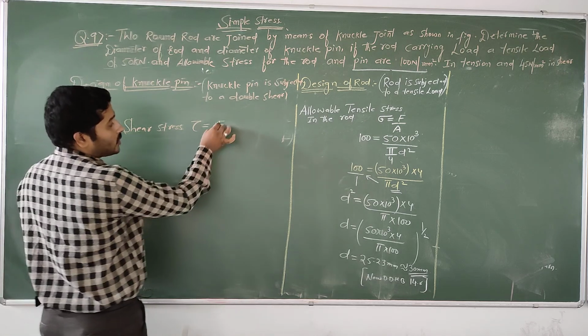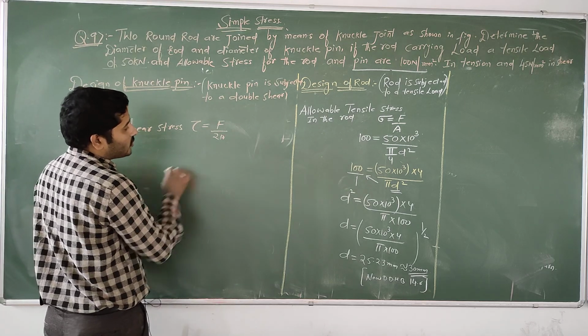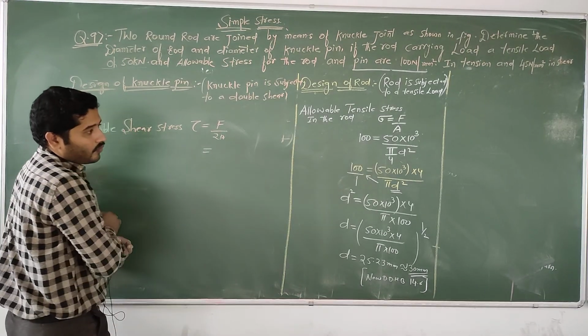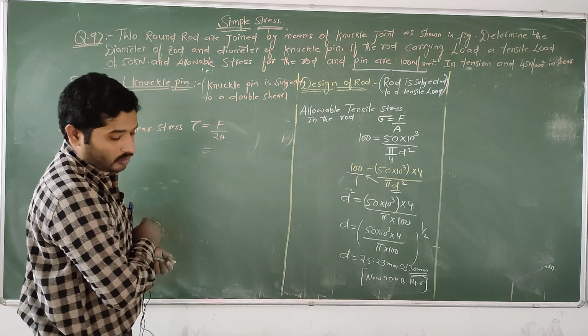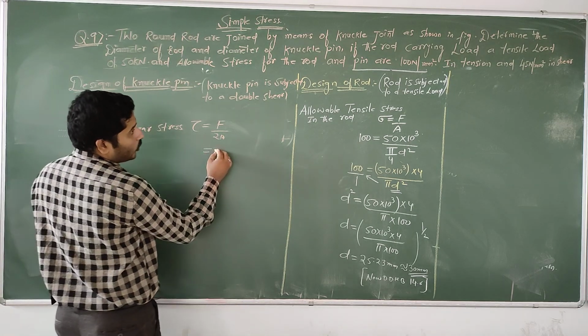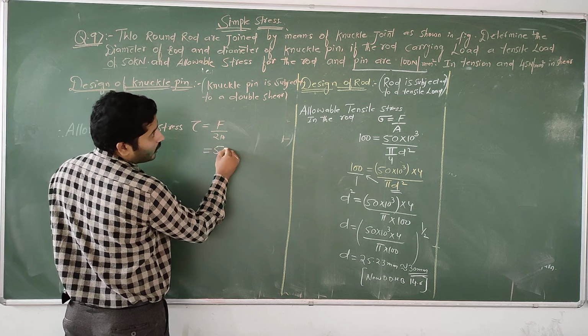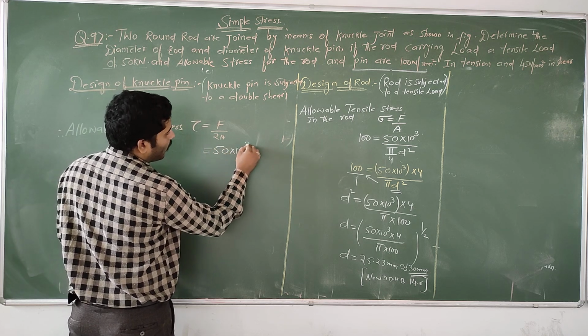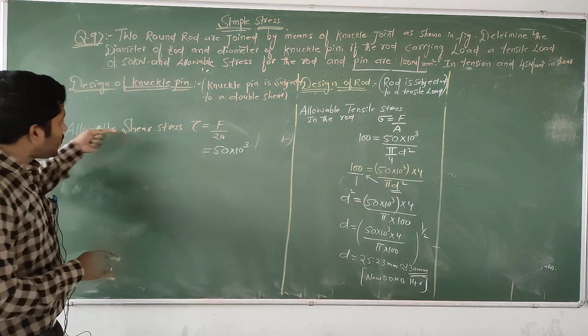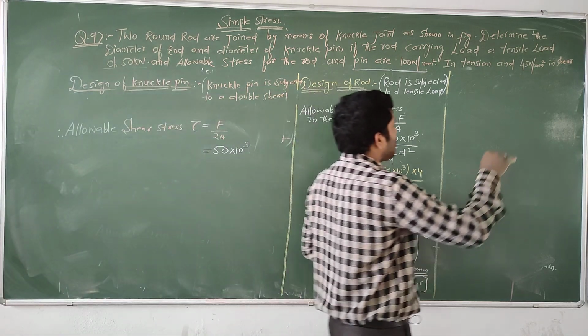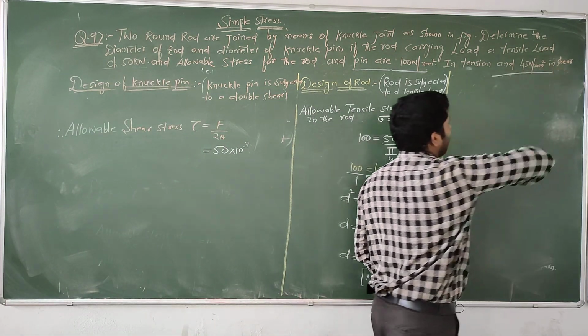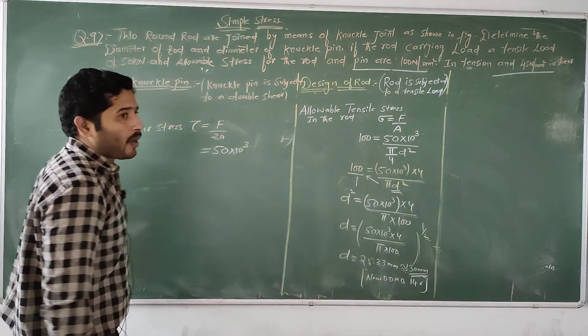Force, how much is given here? The force is given as 50 into 10 power 3. And the allowable shear stress, how much is given? The allowable shear stress is given as 45 Newton per mm square.